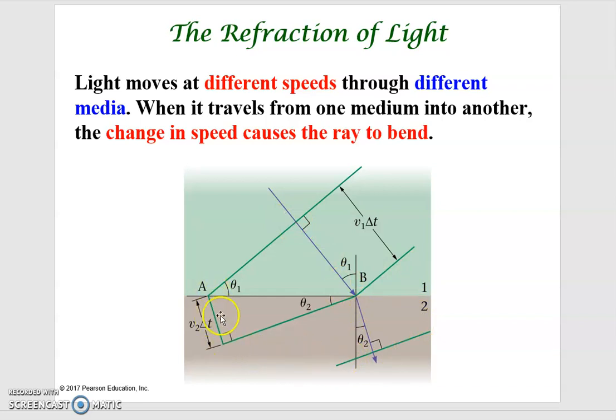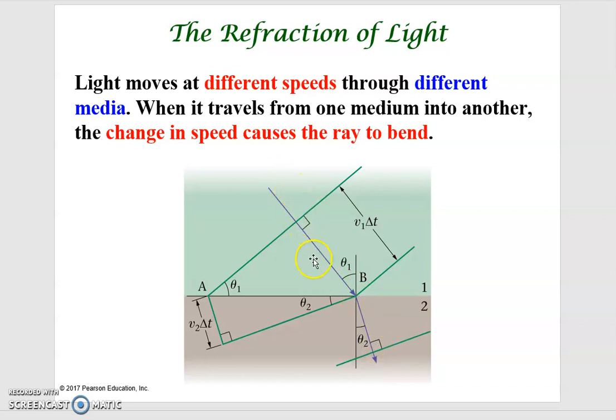So within the same period of time, the distance you are going to travel is v2 multiplied by delta t, which means the distance traveled is no longer the same. Therefore, if you travel at a different length, the angle for the triangle will be different. So the direction of light will be bent.